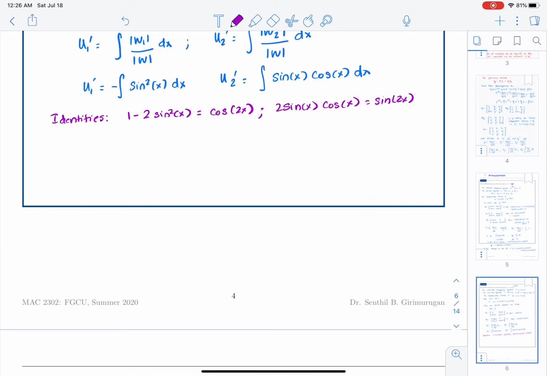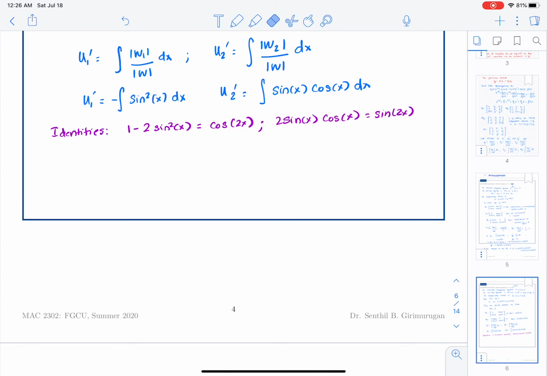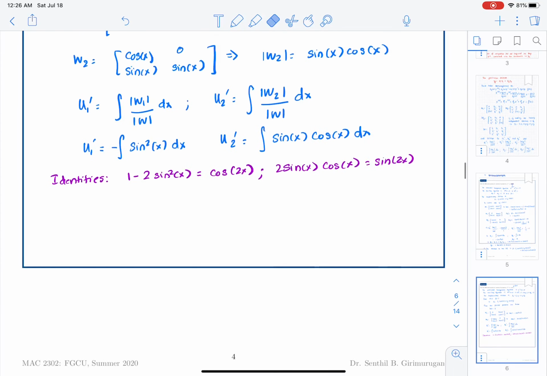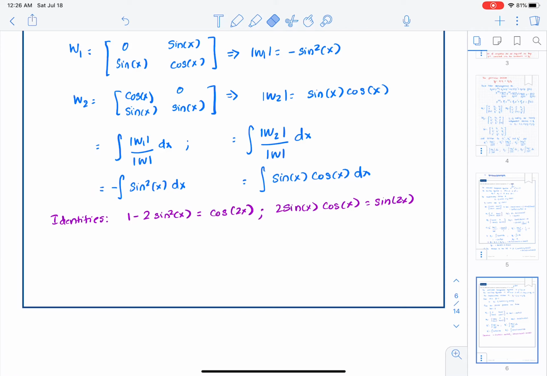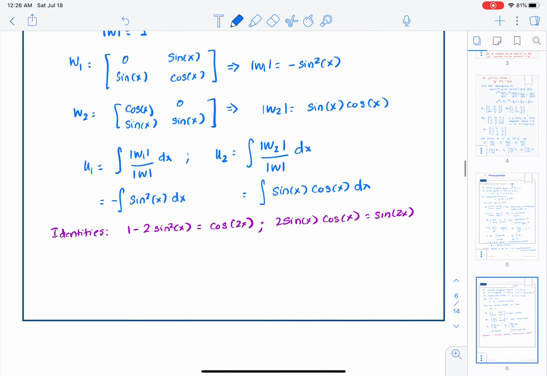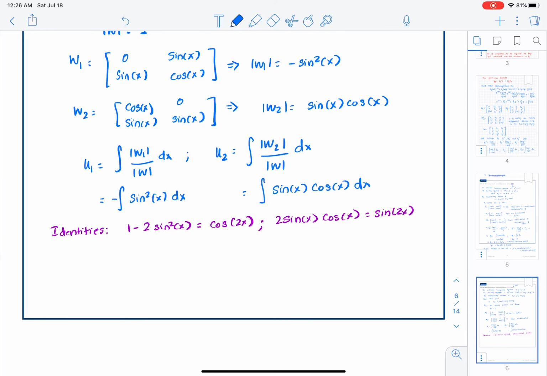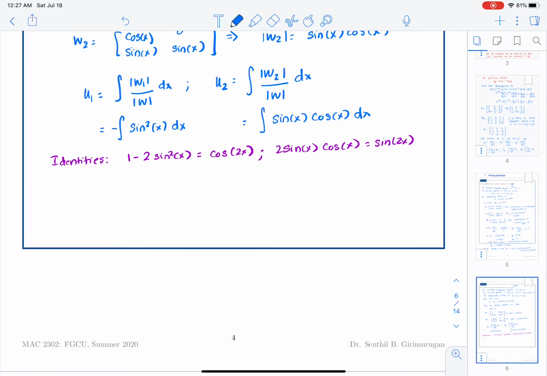So I can rewrite the integrals as, sorry, that has to be u1 not u1 prime, and u2 not u2 prime, because u1 prime is the determinant of w1 divided by w, and u2 prime is the determinant of w2 divided by the determinant of w.